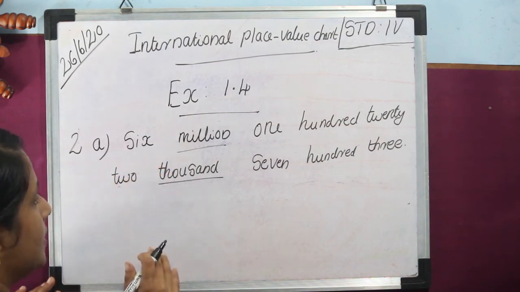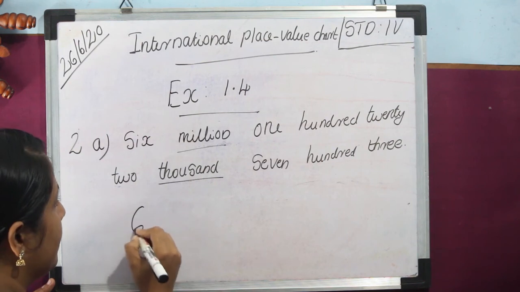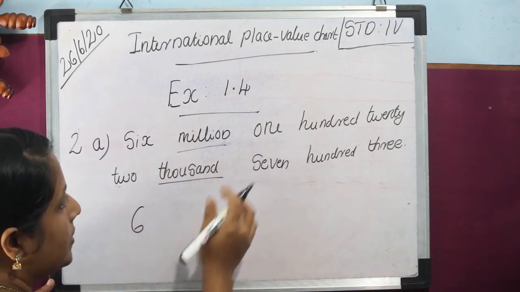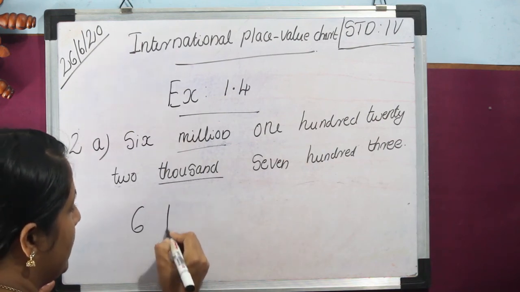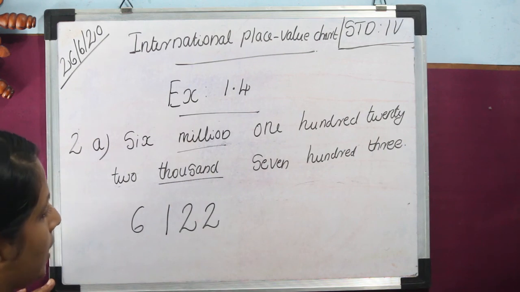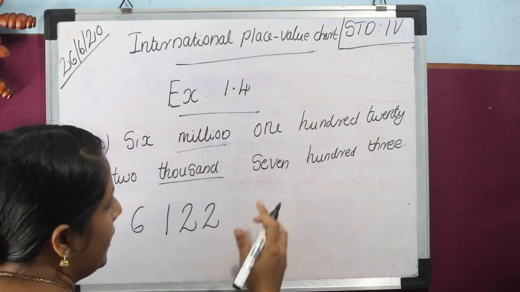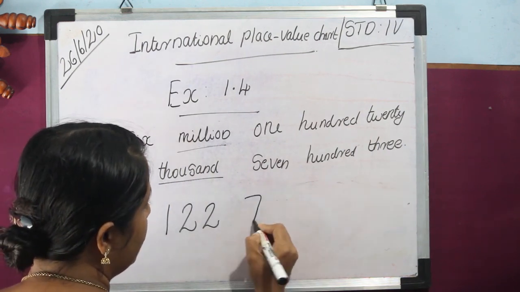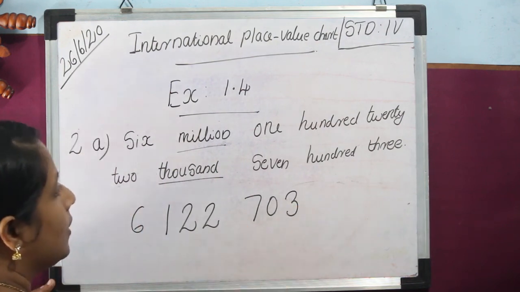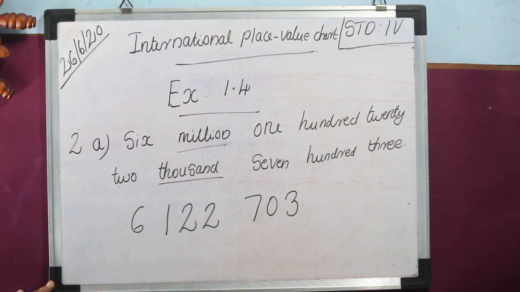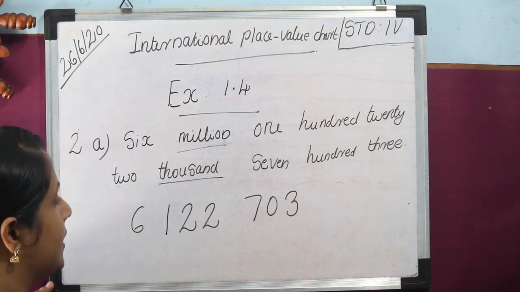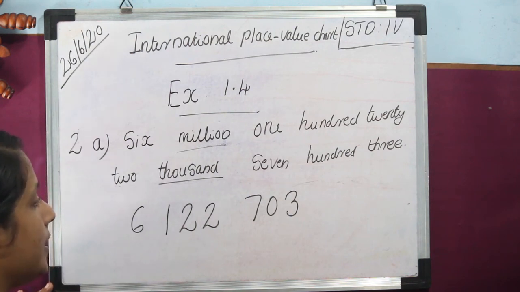So here the numbers are, first is 6, no need of writing the period million. Next is 122, no need of writing thousand as a period. Next number is 703. Okay, first we write 6, then second write 122, and third write 703. Next we want to insert commas.